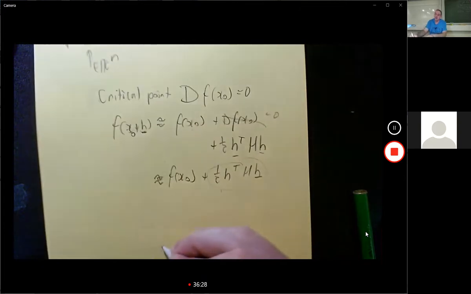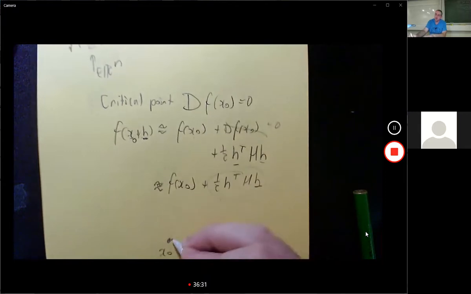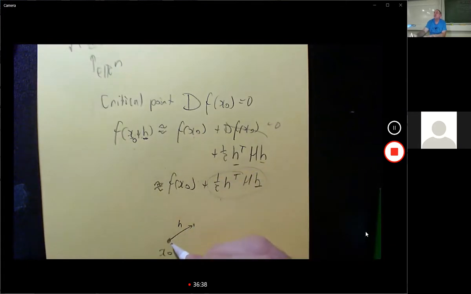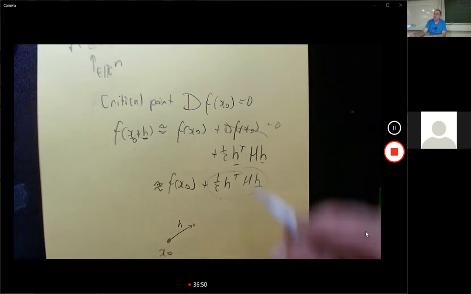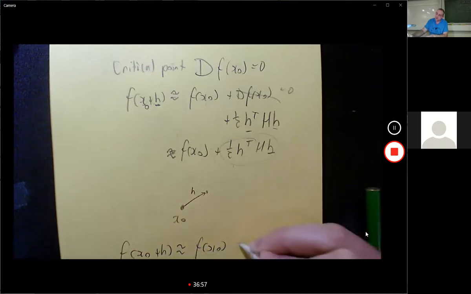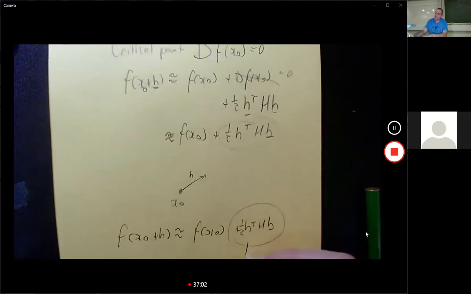Because if I was here at x naught and I moved h this way and the function value went upwards, then this would be a minimum. And if in every direction I went, the function value went downwards, then this would be a maximum. So this is the idea. So f of x naught plus h is approximately f of x naught.